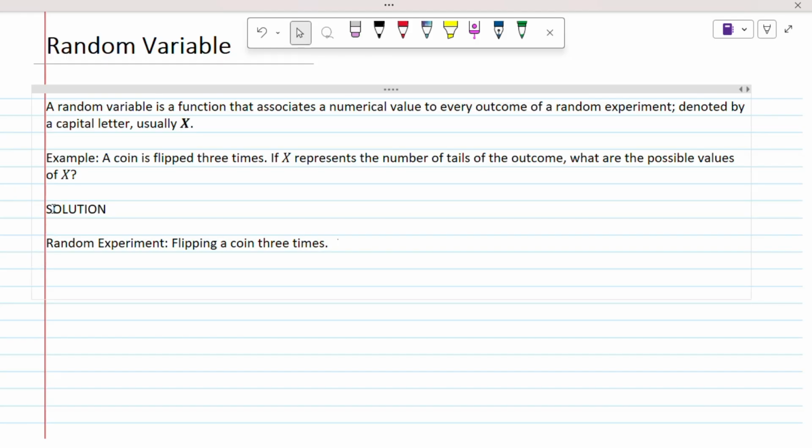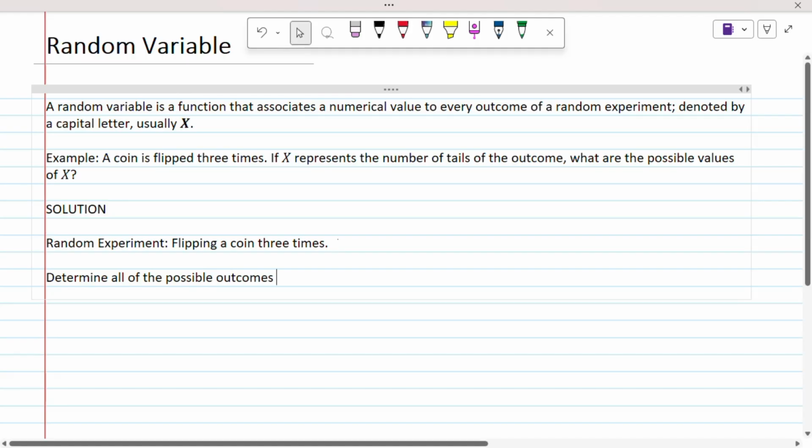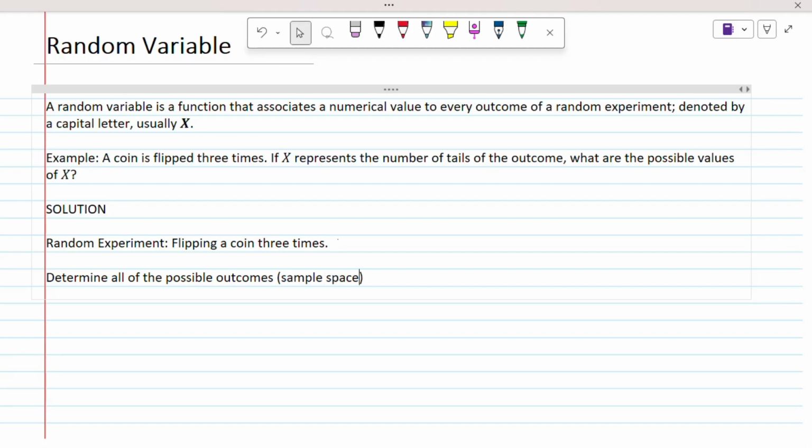And then the next step we should do is to determine all of the possible outcomes, or what we call the sample space. To determine the sample space, we are going to use a tree diagram.